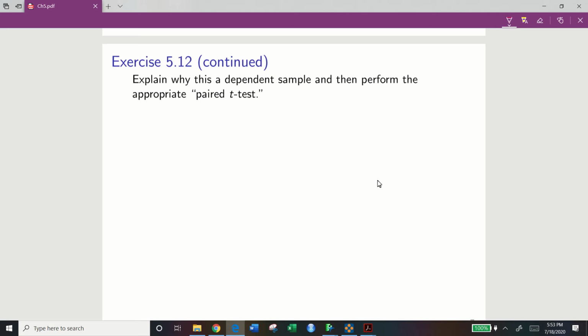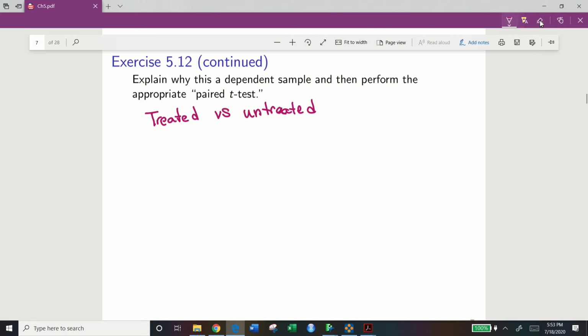Now, it may not be naturally obvious that this is a paired sample, but really what it is, is that our treated versus our untreated comparisons are paired by the effluent sample.